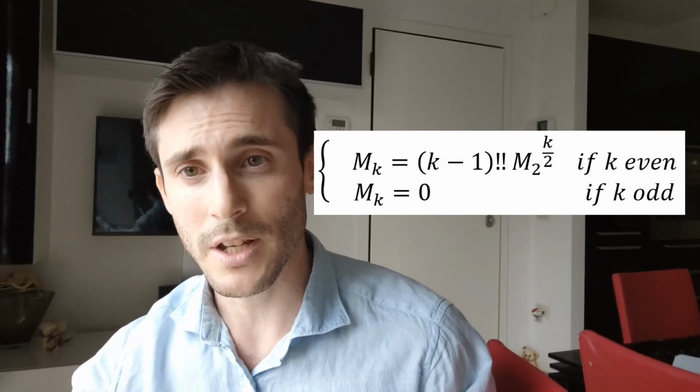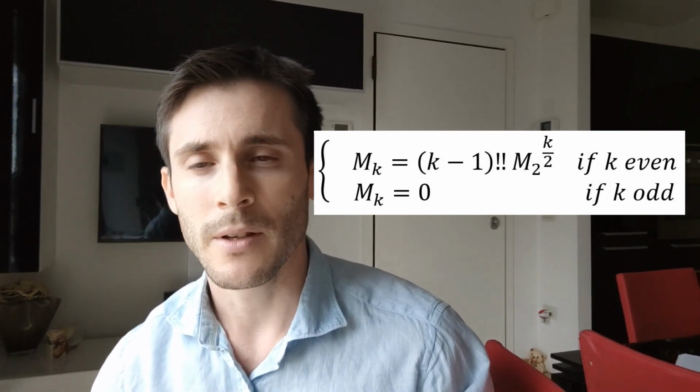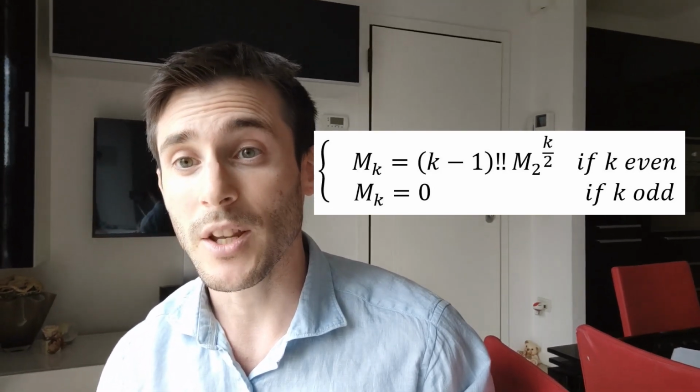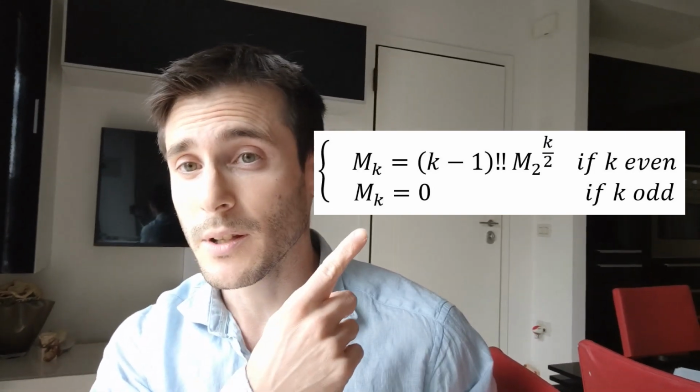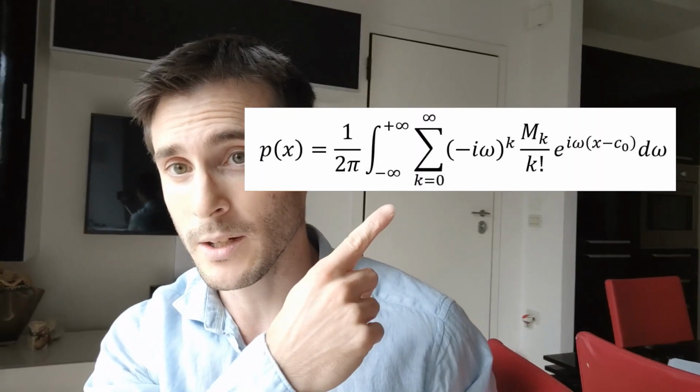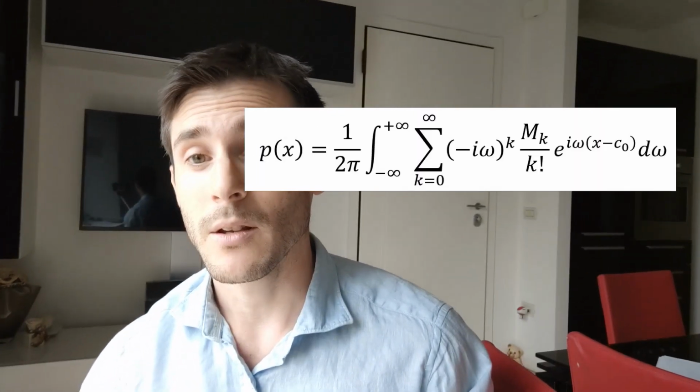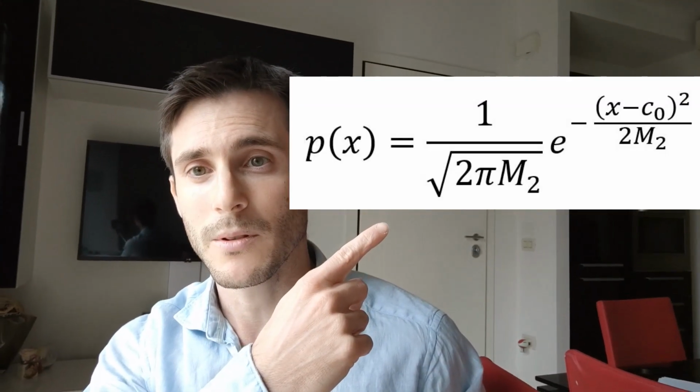So the odd moments are 0 and the even moments have a dependence upon the second order moment, which is the variance. And if you put this expression into the more complicated expression for the probability density that I gave you earlier, this one, then what you get is none other than the Gaussian distribution.